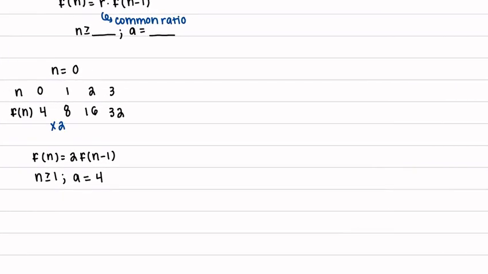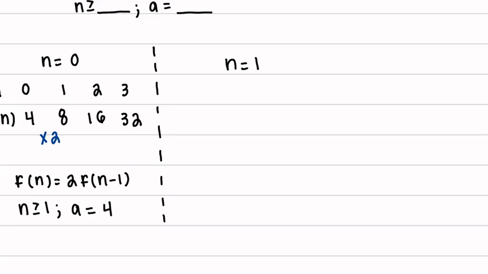All right, but what if my sequence started with n equal to 1? How does that change how this looks? Well, my sequence would start with 1, 2, and then go to 3.